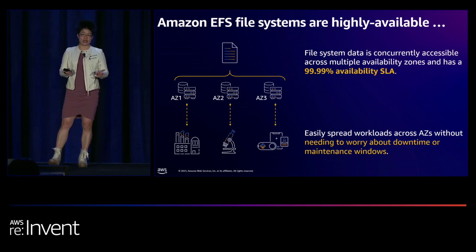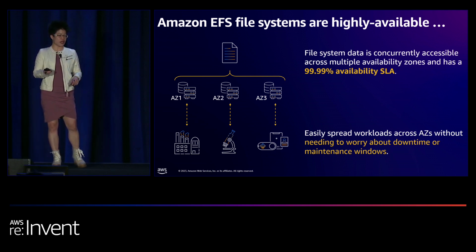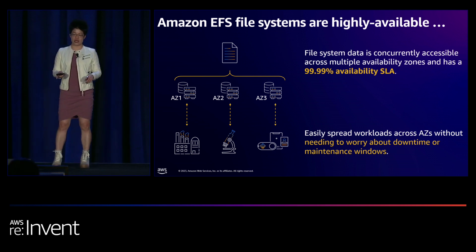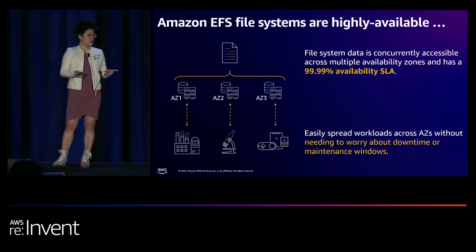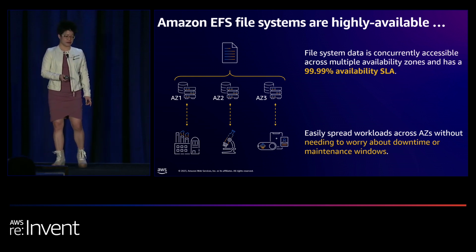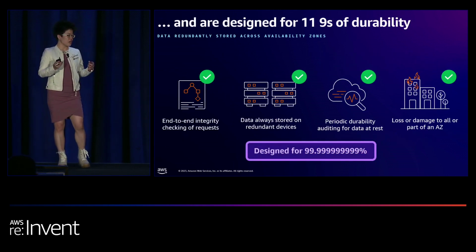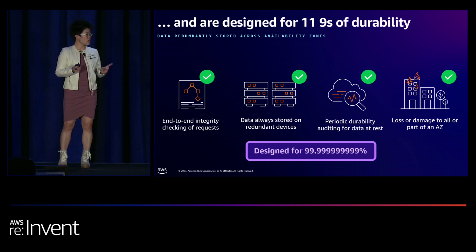So what that means is these availability zones, or AZs, enable you to operate production applications and file systems that are more highly available, fault tolerant, and scalable. For EFS to achieve these high levels of durability, we have 2 classes.